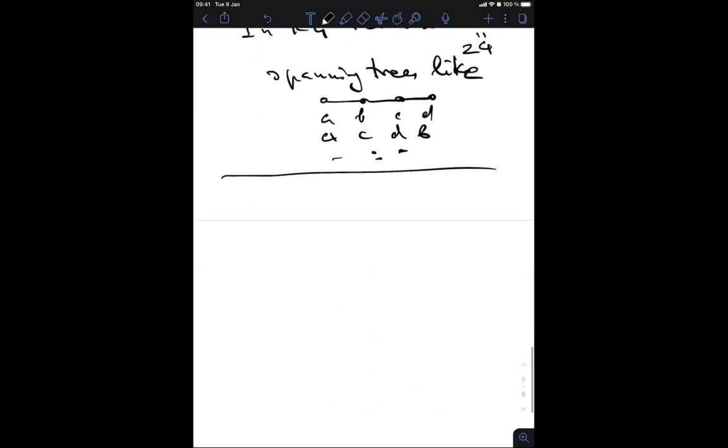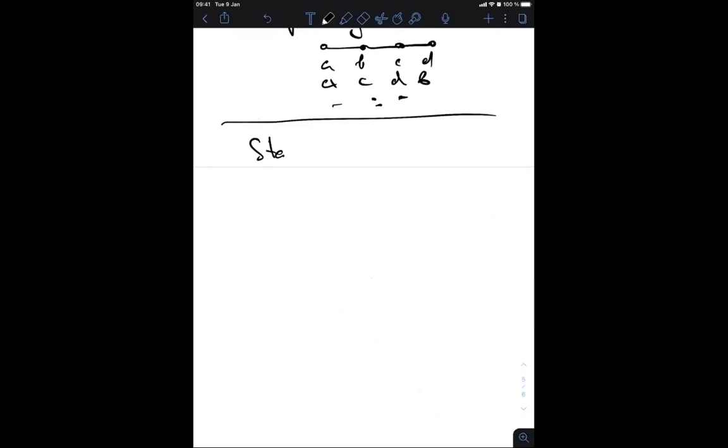Okay, so the standard orientation of the edges of a rooted tree.